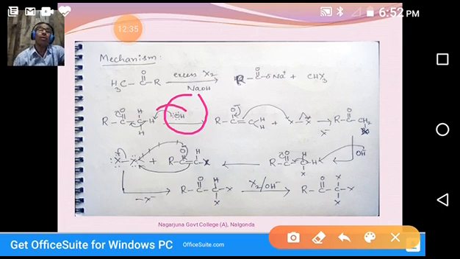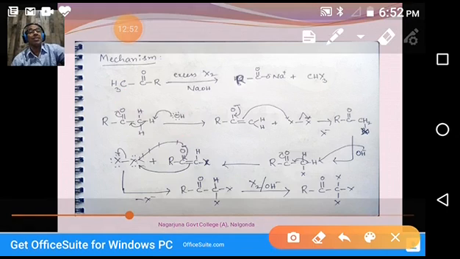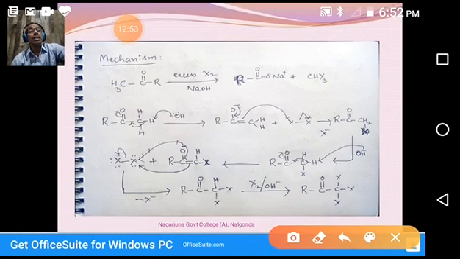Why a proton? Because of this carbonyl group, which is highly electronegative because of oxygen, this bond polarization takes place. Because of this electrophilic center, these alpha hydrogens become acidic. Already we have discussed this in earlier classes.